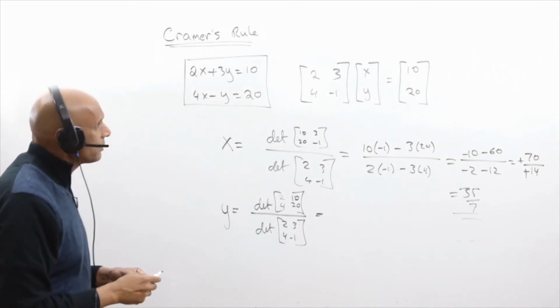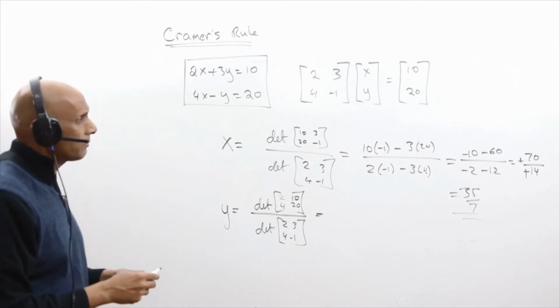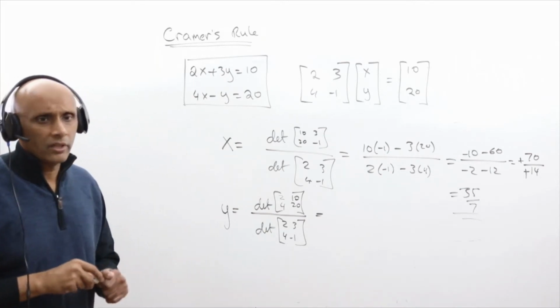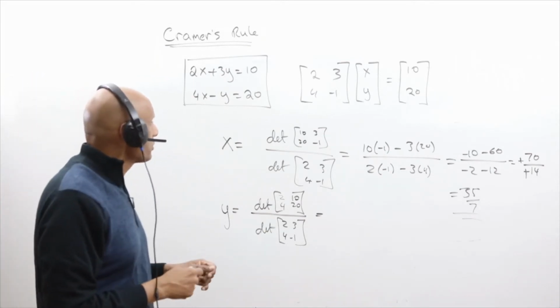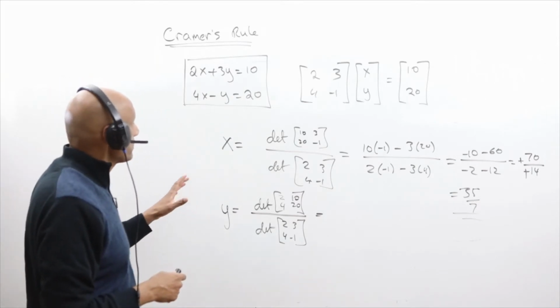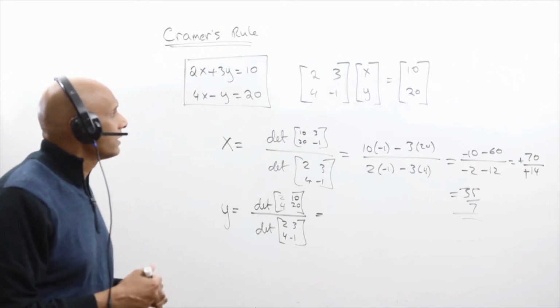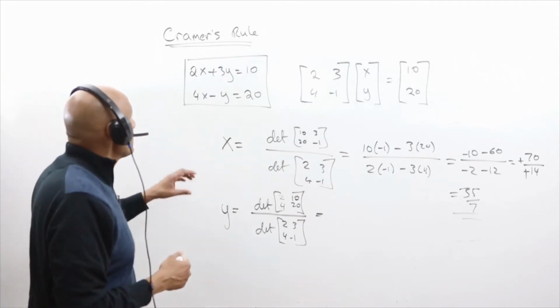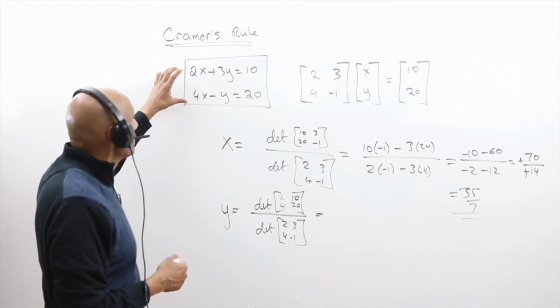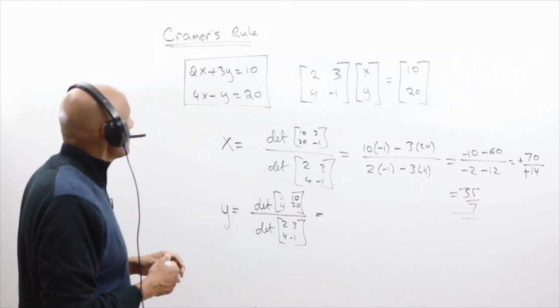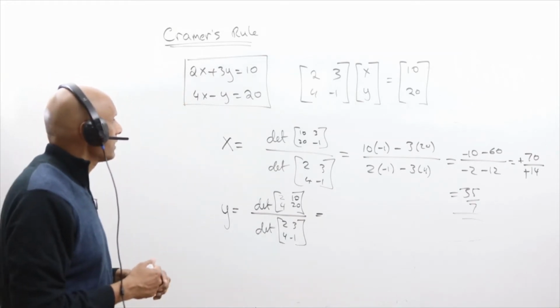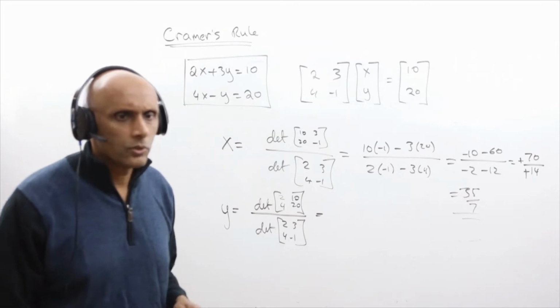I won't actually substitute these values in because it's time consuming, but it's a very quick video to show you the procedure in constructing solutions of systems of equations. You can extend Cramer's rule further to solve larger systems of equations. But actually, I'll show it to you in a sec. Let's do a 3 by 3 matrix.